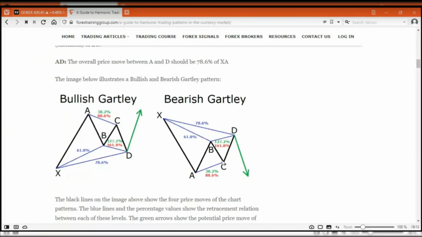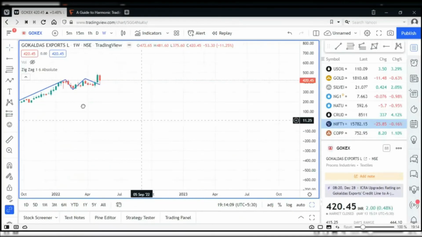From C to D the value should be 1.272 to 1.618, in this middle value. So that means 0.786 will come. So this is our reversal point. If this is our reversal point, where should we keep our stop?